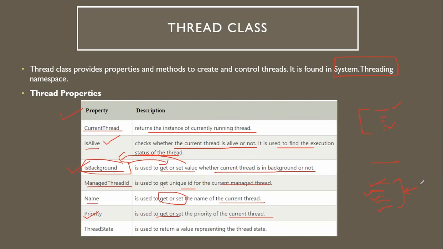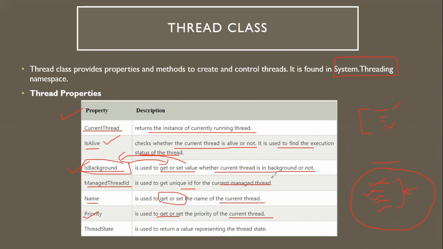I can set the priority, but there is a rider. If I set the priority of a thread, it does not mean it will run on priority. You cannot control that thread. That is the problem. Sometimes it will run on priority, sometimes you will see it doesn't run on priority. So don't get worried. That is how it works.